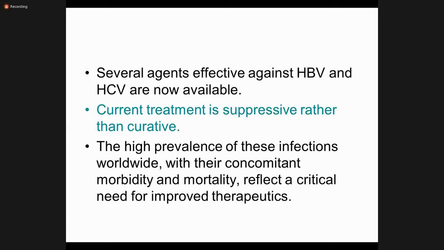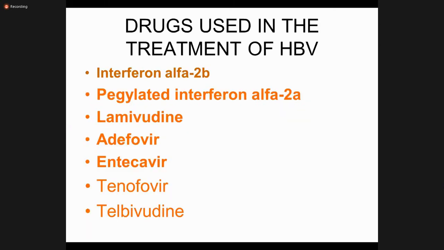So this point is important: current treatment is suppressive rather than curative. The high prevalence of these infections worldwide, with their concomitant morbidity and mortality, reflects a critical need for improved therapeutics.